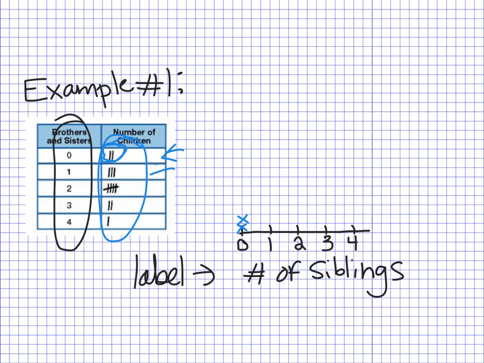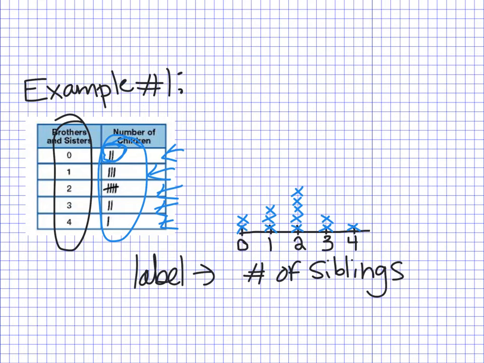Then I can see that 3 children had 1 sibling, so I'm going to go 1, 2, 3. I can see that 5 people had 2. And I can see that 2 people had 3. Finally, I can see that 1 person had 4.